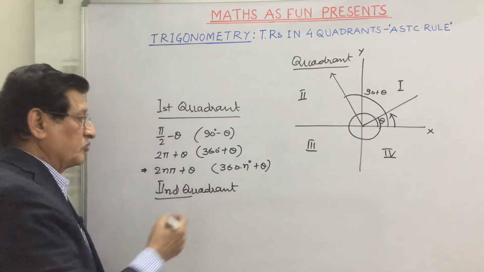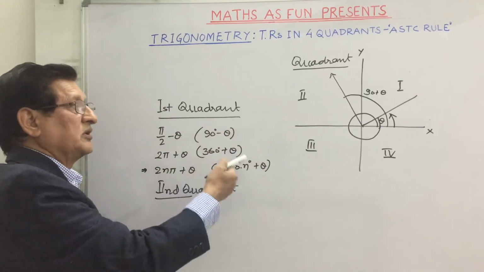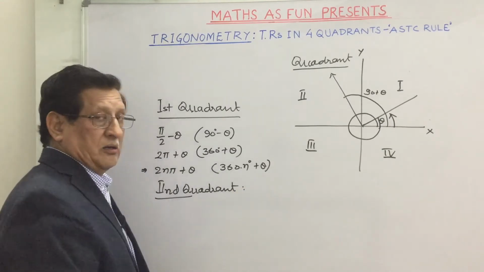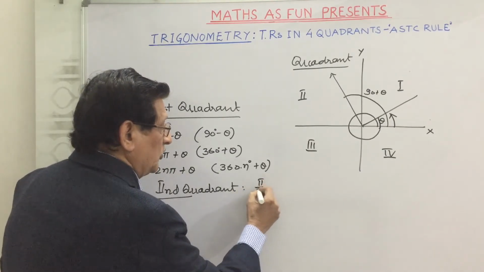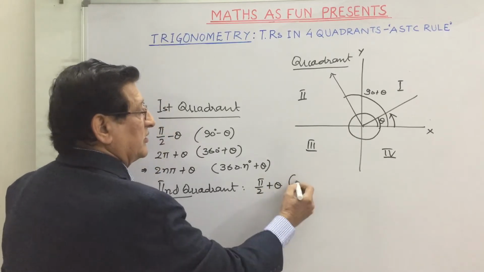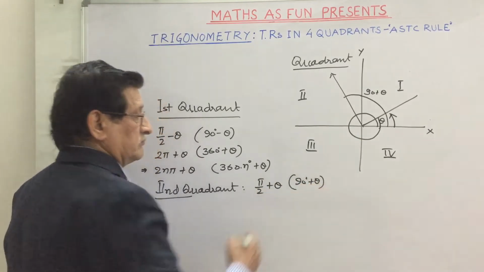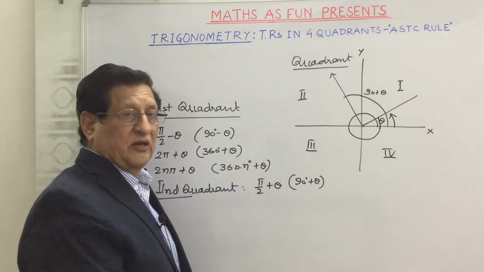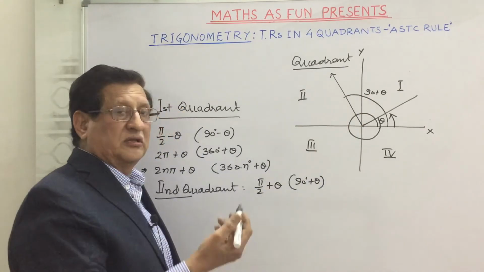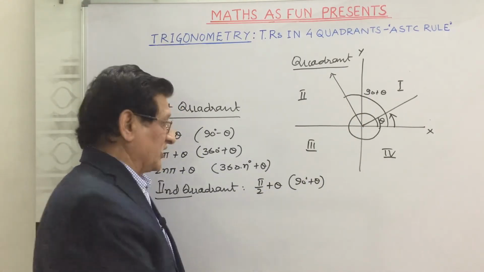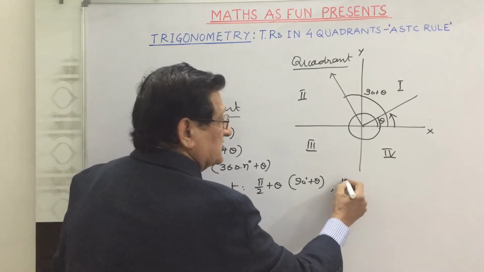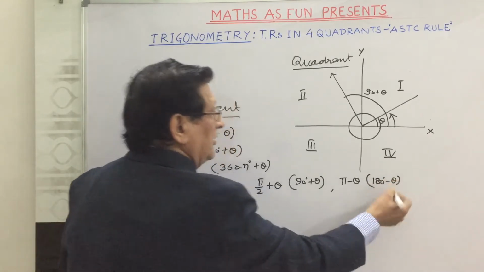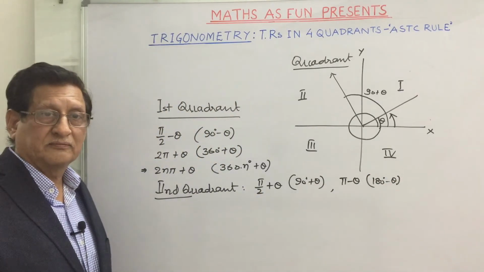So we say that the revolving line or the radius vector will be lying in the second quadrant if it is making the angle of pi by 2 plus theta, which in degrees is 90 plus theta. Or we can say it is less than 180 degrees. If any angle is less than 180 and greater than 90 degrees, that lies in the second quadrant. So we can also say that any angle which is pi minus theta, or in degrees 180 degrees minus theta, also lies in the second quadrant.